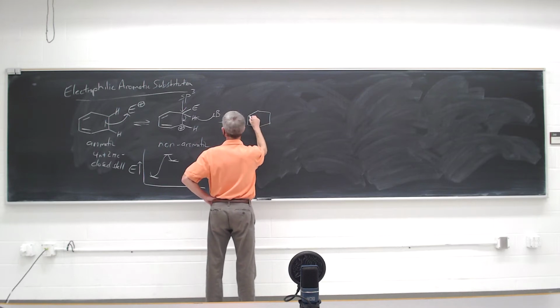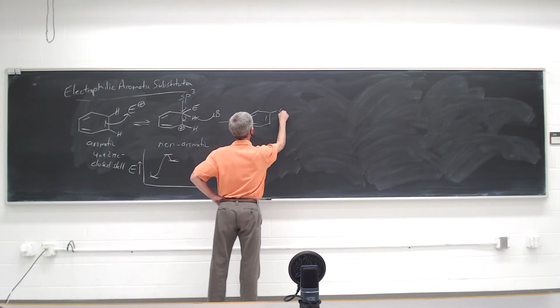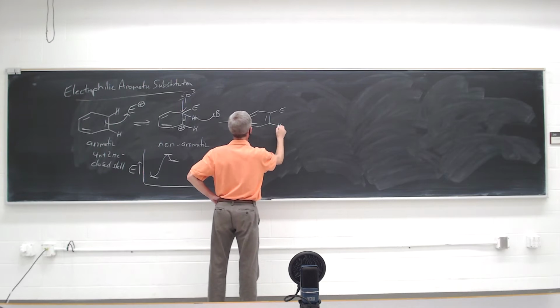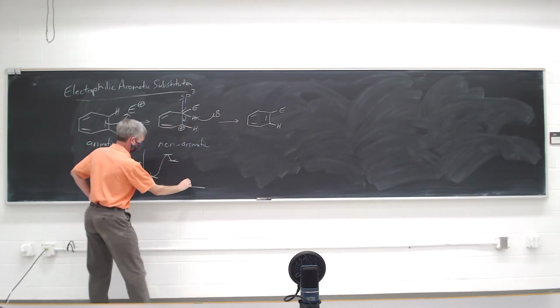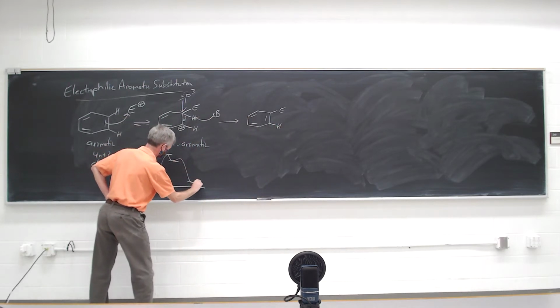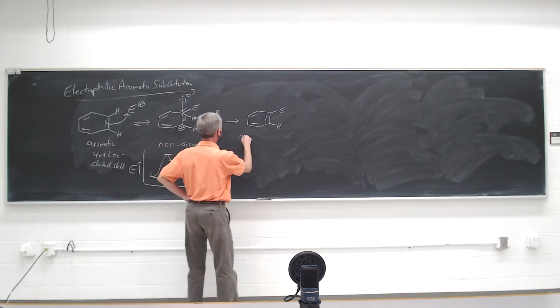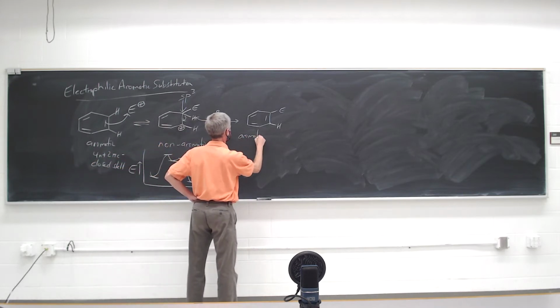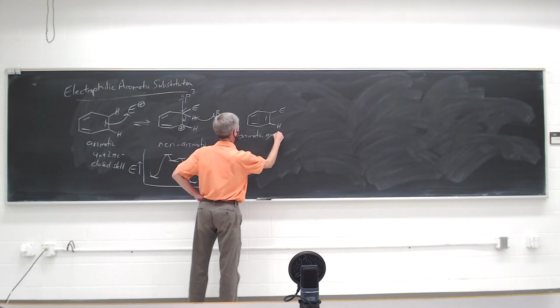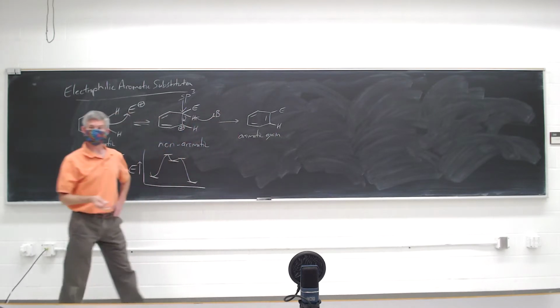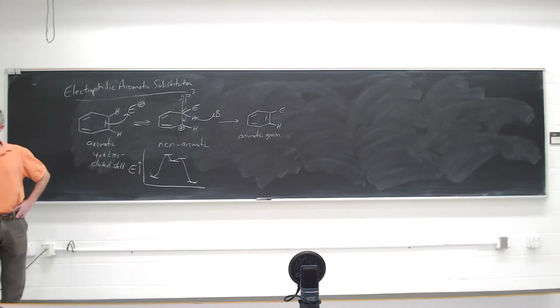And that reaction is going to be effectively irreversible because the compound is now aromatic again. So restoring the aromaticity of the ring is the driving force for this reaction.